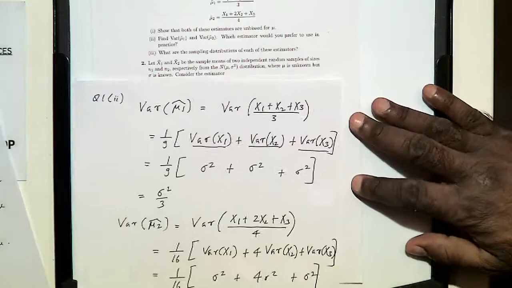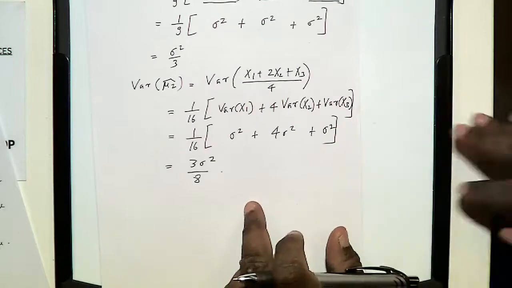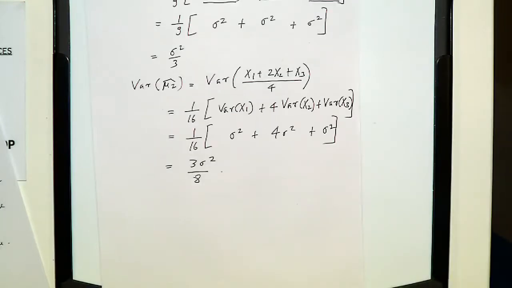Part 3: which estimator is the better one? Remember, the estimator that is better is the one that has a smaller variance. So which one is smaller? I think the first one.